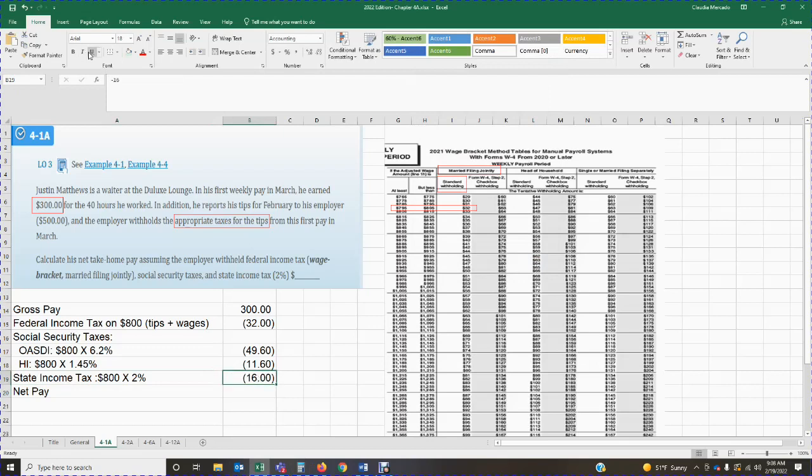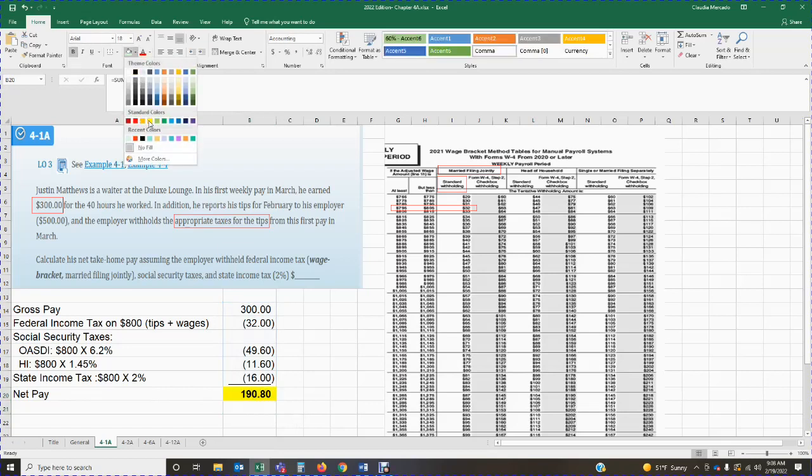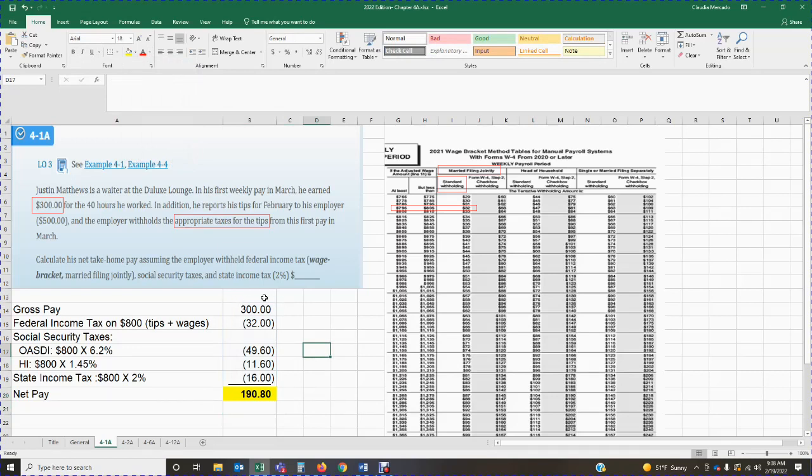Once we have calculated all of our taxes, now we can figure out how much this employee is taking home in this paycheck. So we're going to get the $300 and we're going to subtract all of the withholdings. And that leaves us with $190.80. So yes, the employee earned $300 of wages this pay period, but the employer was going to withhold not only for the $300 of wages, but also for the $500 of tips that were earned in February.